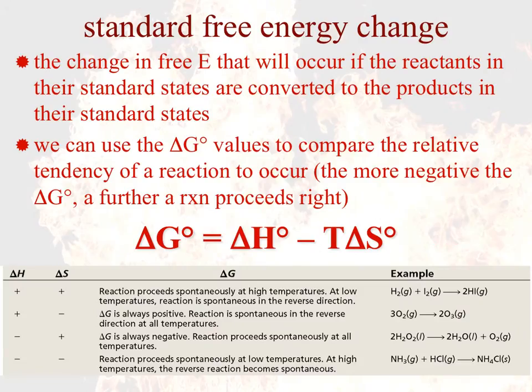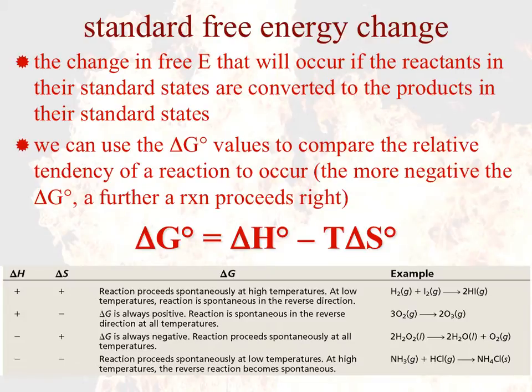Okay, so standard free energy change is basically dictated by or related to the state of your reactants and products. The change in free energy that occurs if the reactants in their standard states are converted to the products in their standard states is the situation that we're looking at here. And we indicate this by this naught symbol. And we've seen this before.